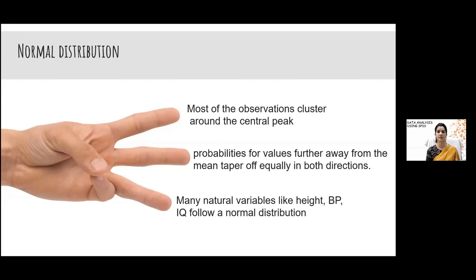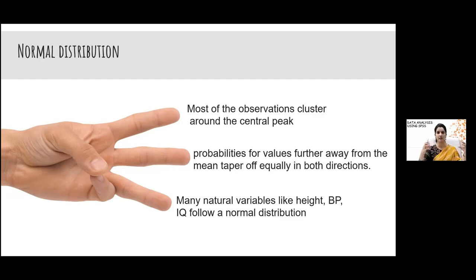It has been seen from experience that whenever we plot the data of any natural variable, most of the observations tend to be around the center, creating a central peak.